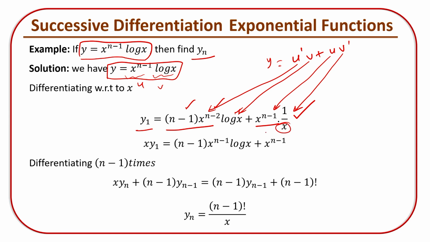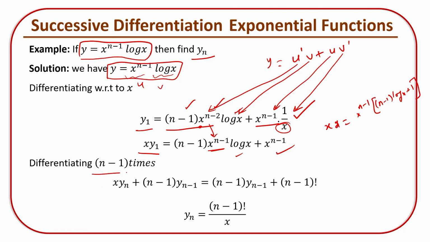I am simplifying this by taking the x to the other side. What will it give you? This will give you x into y1, and multiplying here by x, x power n minus 1 becomes x power n minus 1 into log x, plus x power n minus 1. Taking x power n minus 1 as common, you will get x into y1 equal to x power n minus 1 common, and this will give you n minus 1 log of x plus 1.